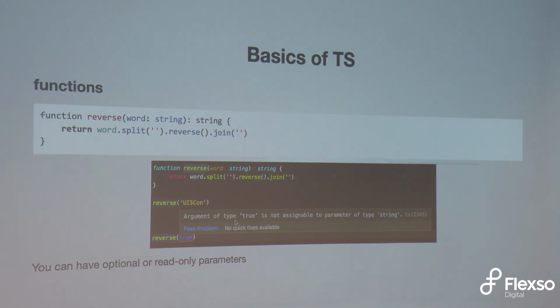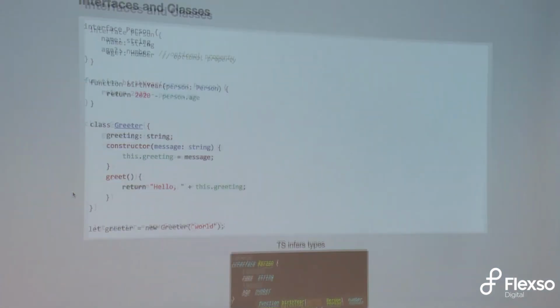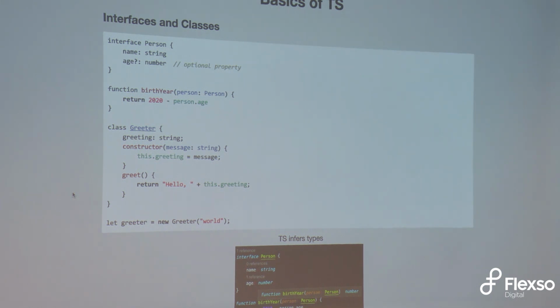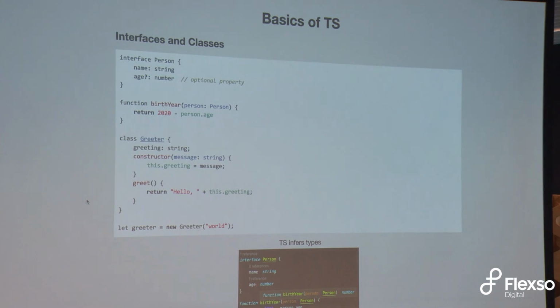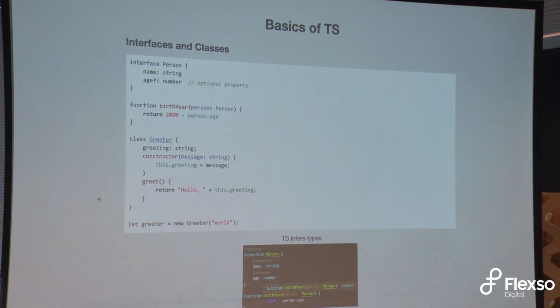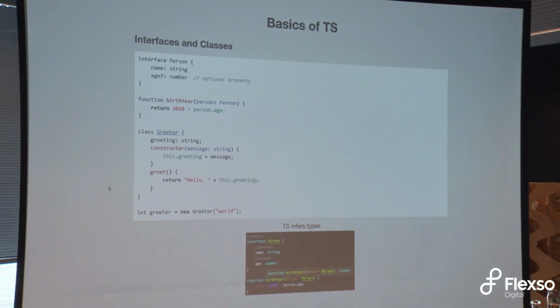They say that true is not of type string. With TypeScript, you also can have optional and read-only parameters. That's also possible. And then you have the language feature called interfaces and classes.